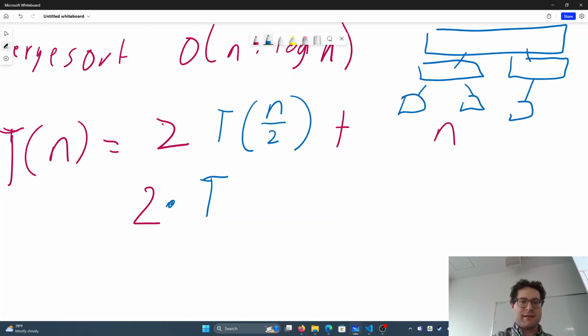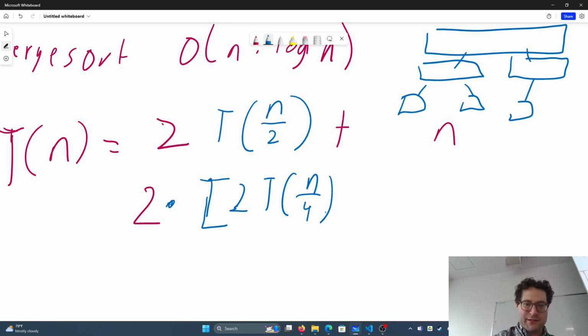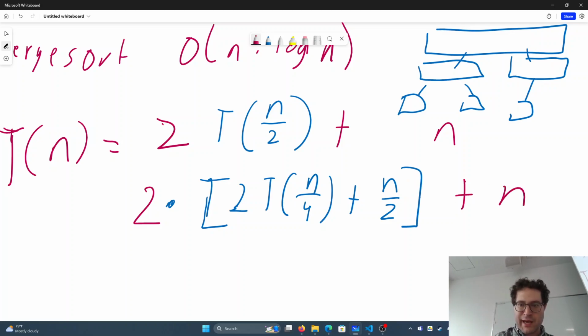So I'm going to just rewrite this as 2 times 2T(n/4) plus n over 2, plus n.